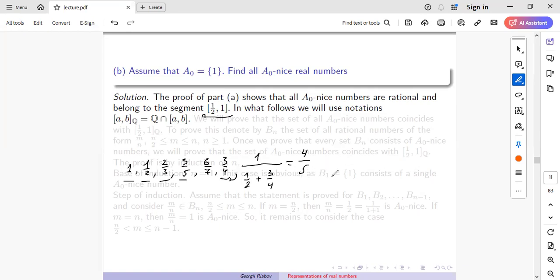Let's do the last experiment and consider rational numbers with a denominator 6 from segment 1/2 to 1. These are 3/6, which we already obtained, 4/6, which we already obtained, 6/6 we already obtained. We still need to obtain 5/6.